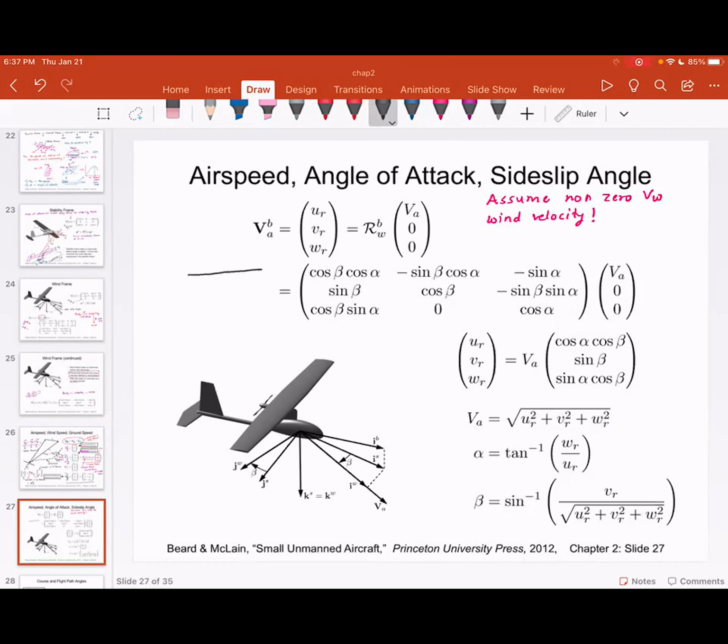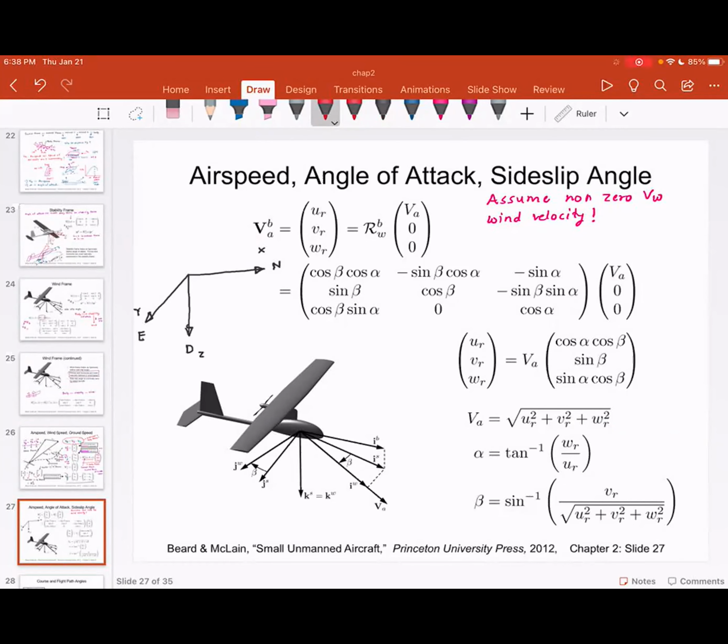I'm going to draw the body frame. So this is the body frame, and this is north, this is east, this is down. So you say this is X in body, Y in body, and Z in body. Now you have an angle of attack.